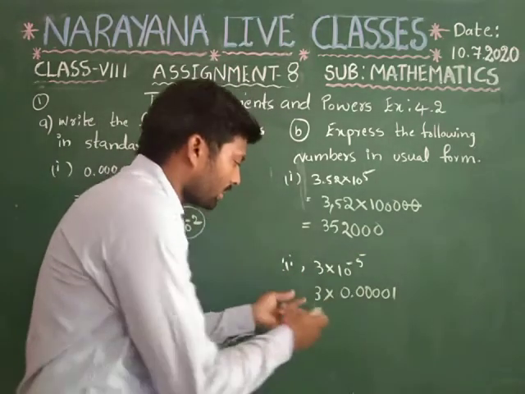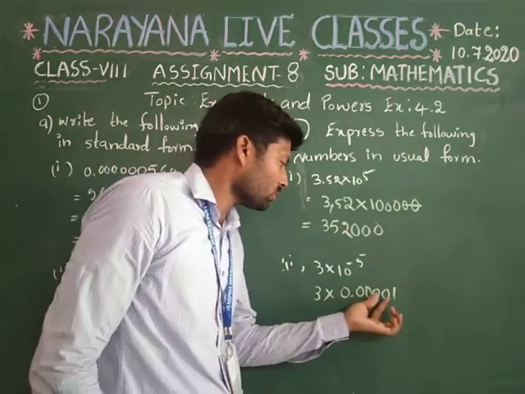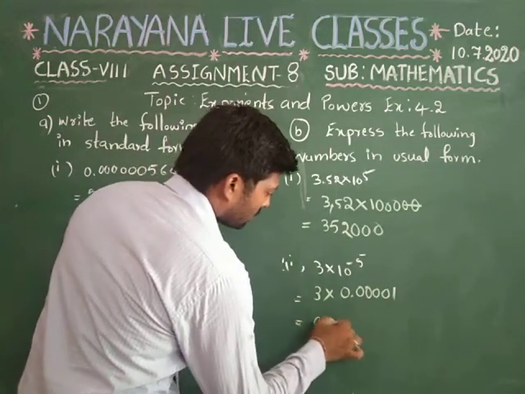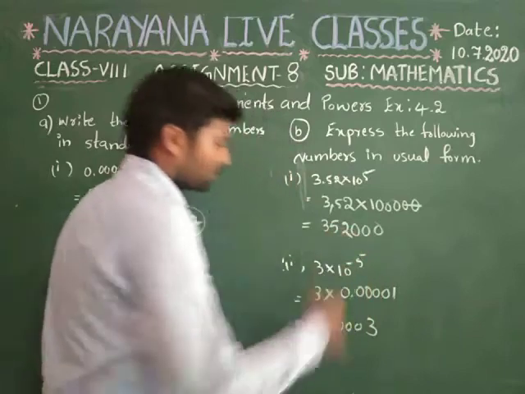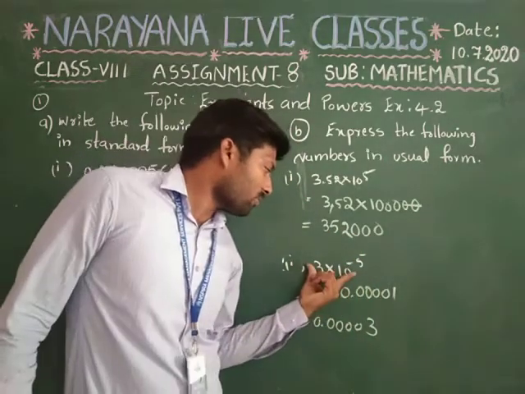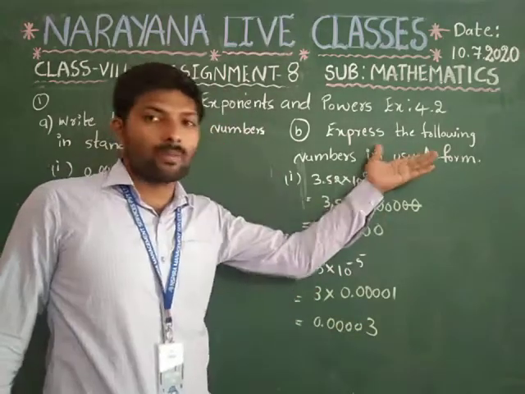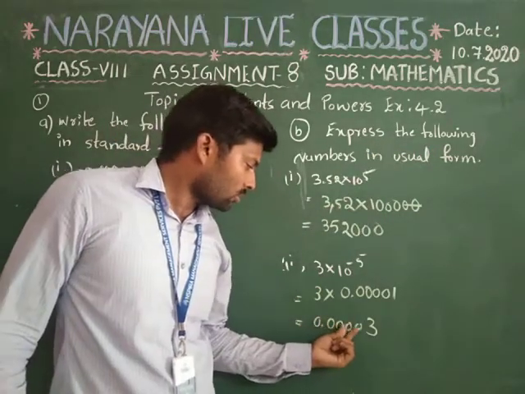Now multiply 3 into 0.00001, which is 0.00003. So 3 into 10 power minus 5 in usual form is 0.00003.